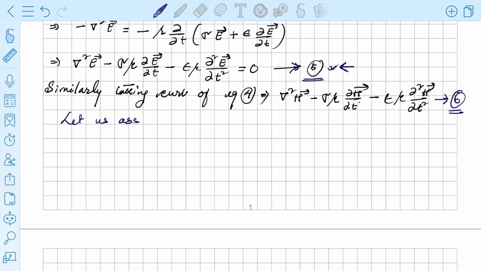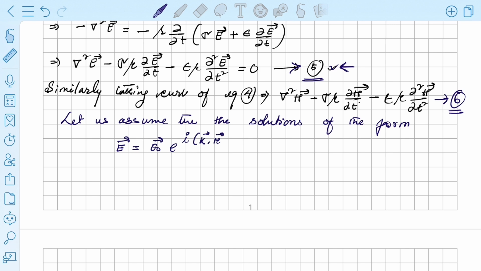Let us assume the solutions of the form E vector is equal to E naught e to the power i (k dot r minus omega t), and similarly H vector is equal to H naught e to the power i (k vector dot r vector minus omega t), right?